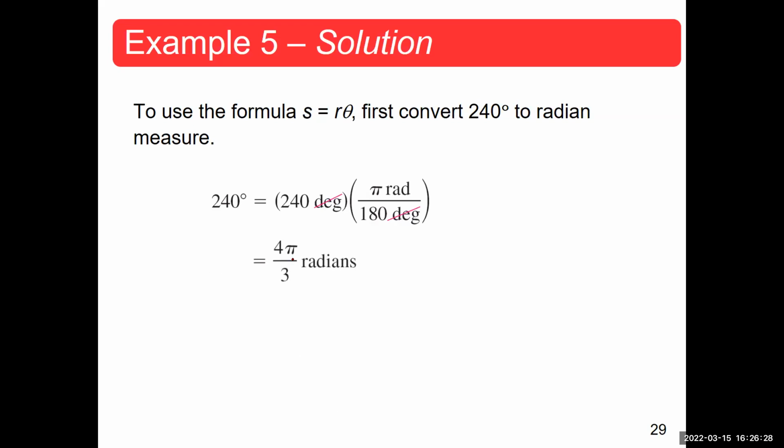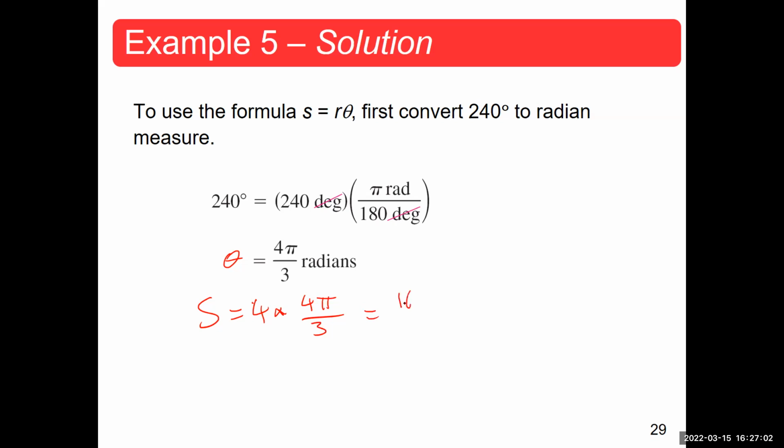That gives me the answer in radian. They said it's 4 pi over 3 radian. That's the theta now. Now, what is the length s? R, how much is R? 4. So we say 4 multiplied by theta, which is 4 pi over 3.